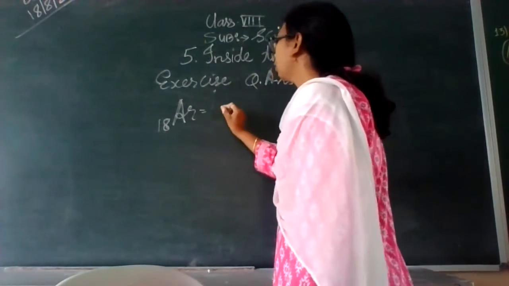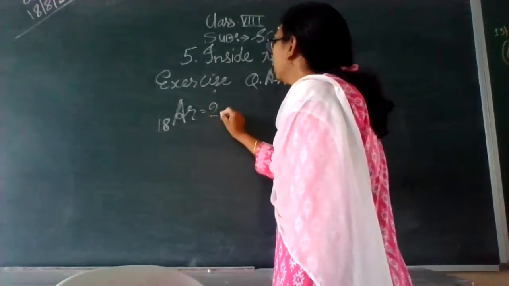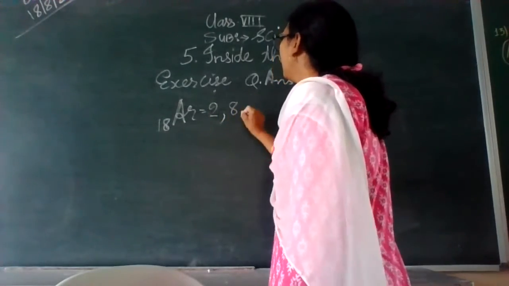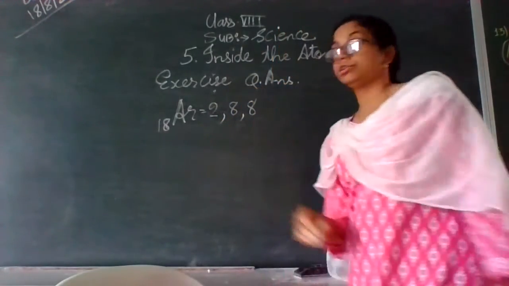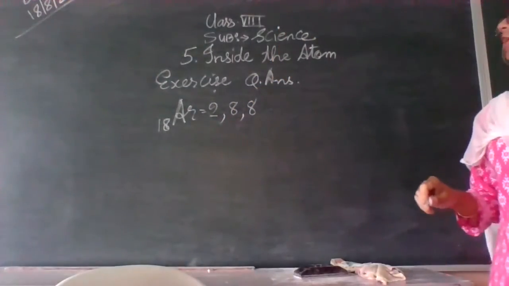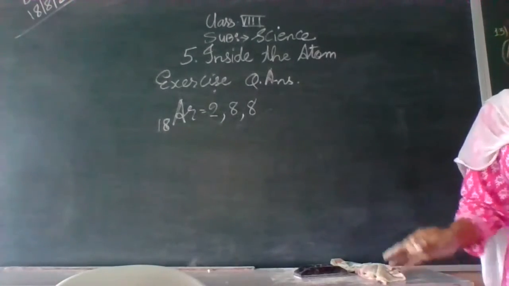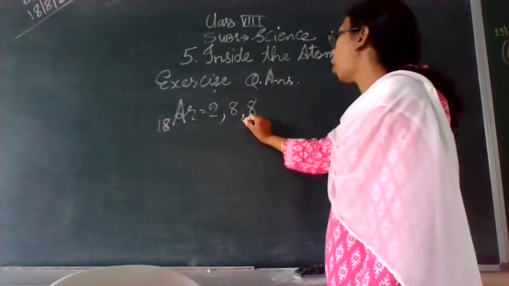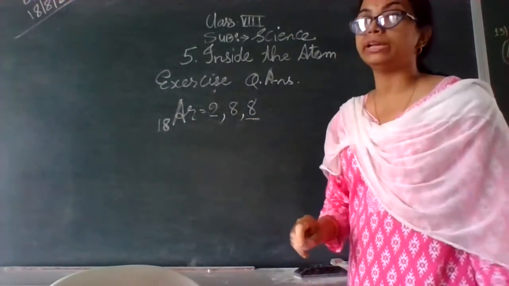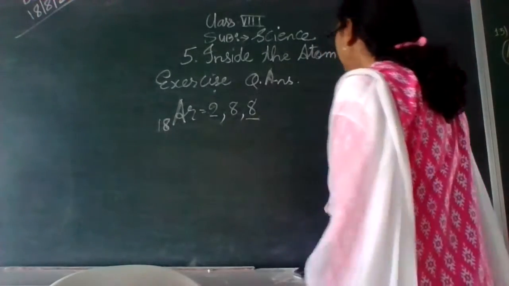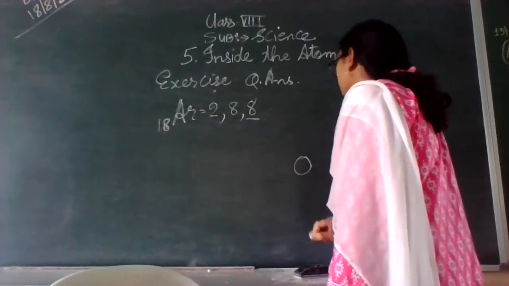In that case, the electronic configuration will be 2, 8, and 8. Okay, argon gas is a stable atom because its outermost orbit is going to have 8 electrons, that is, the octet is complete.